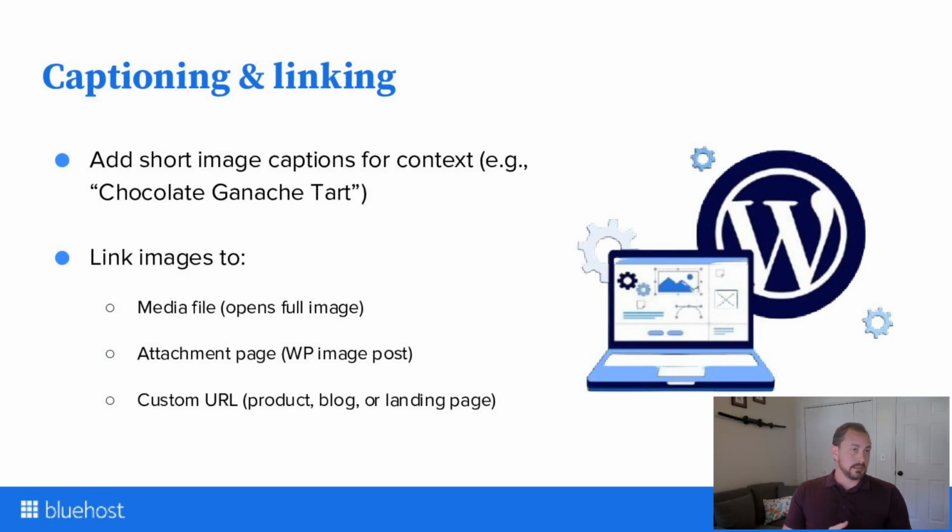So you can link them to the full image, meaning that a user clicks it and it loads the entire tab as an image. And I think it could do that as a separate page. WordPress by default has what they call attachment pages, which are just pages that literally just feature a specific image.